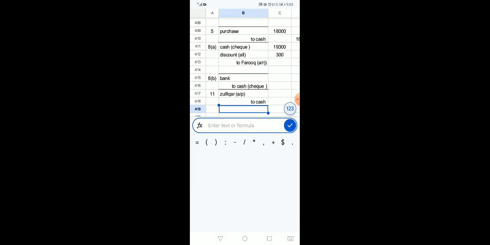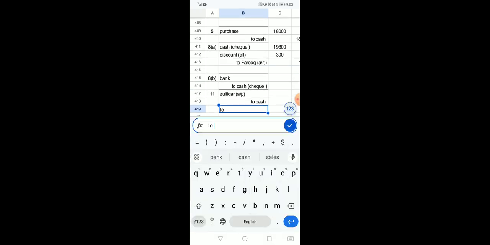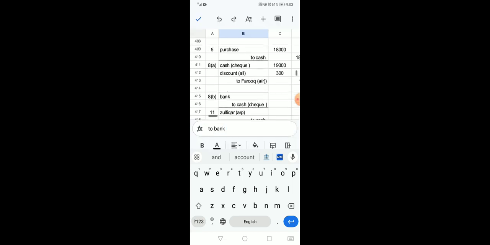He will take this check, present it to your bank, and withdraw the amount from your bank account. So the amount in your bank would decrease. A decrease in bank means a decrease in asset. A decrease in asset should be credited, so you will mention the name of the bank on the credit side. So there were two aspects of this entry: we paid Zulfikar in step 1 in the form of cash and in the form of check.